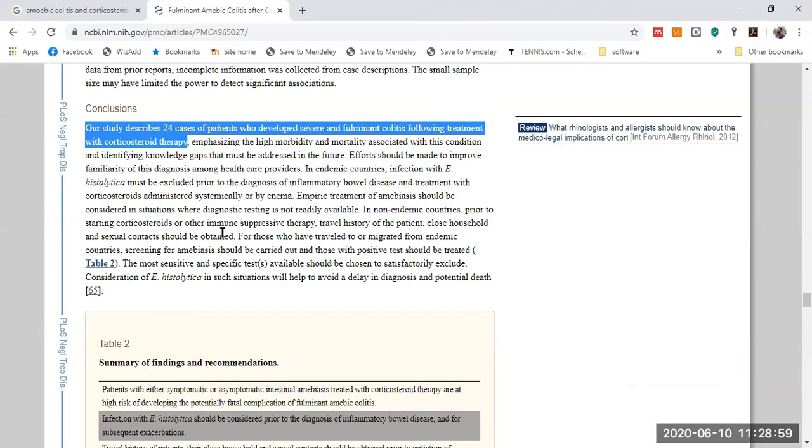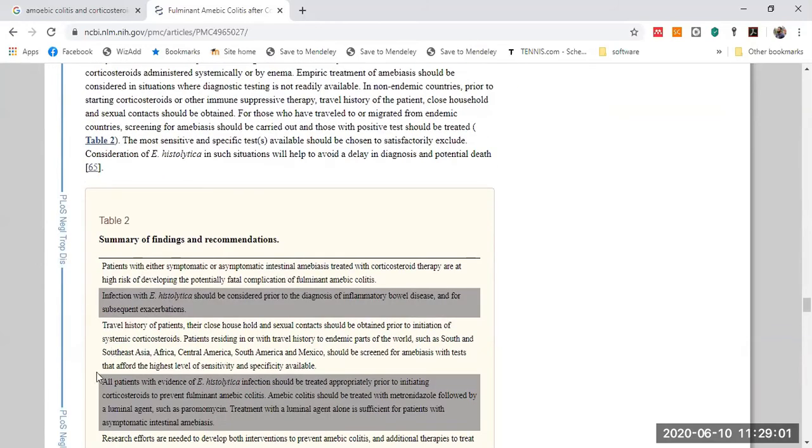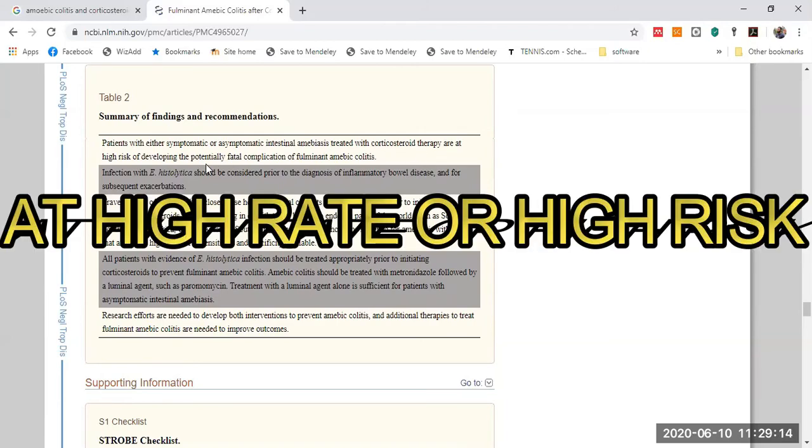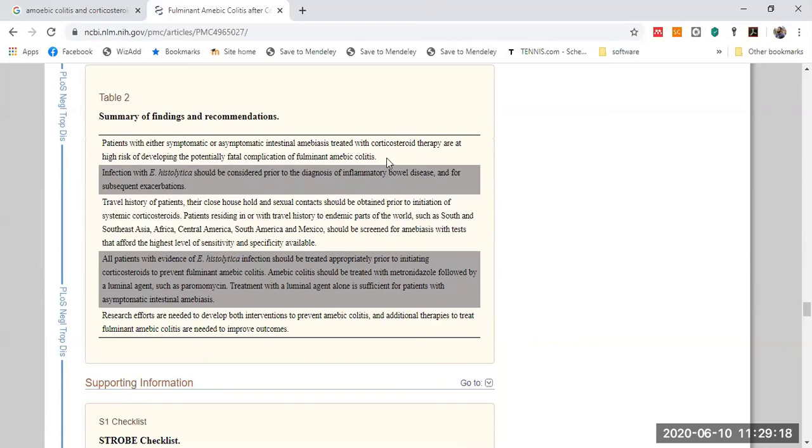So you can read this article, and they recommended some findings, which they mentioned that patients with either symptomatic or asymptomatic intestinal amoebiasis treated with corticosteroid therapy are at high risk of developing the potentially fatal complication of fulminant amoebic colitis. So I already mentioned that fulminant amoebic colitis has a high chance of developing if the patient is treated with corticosteroid therapy.